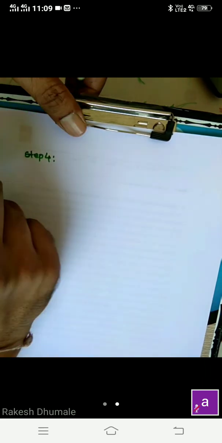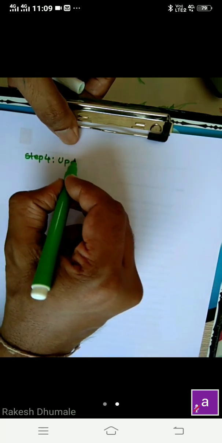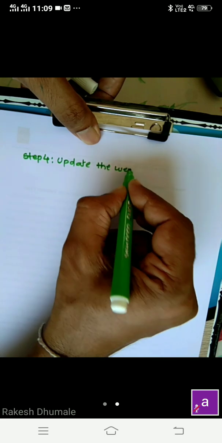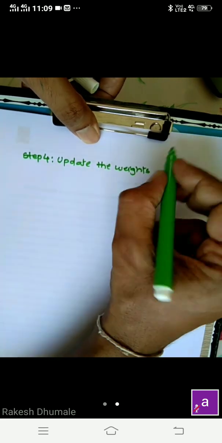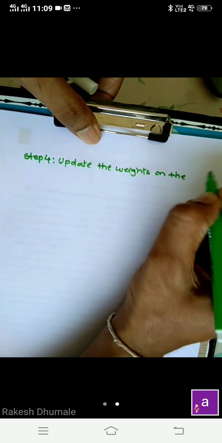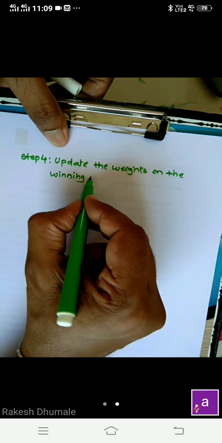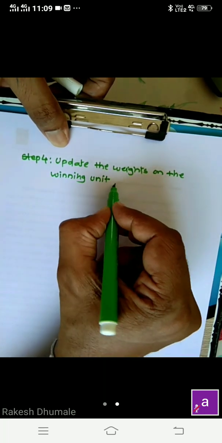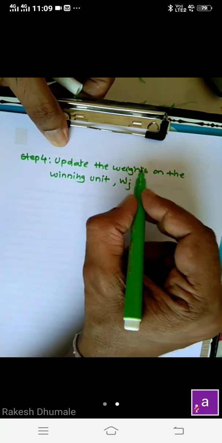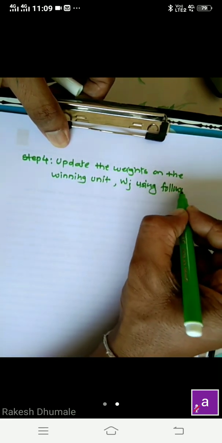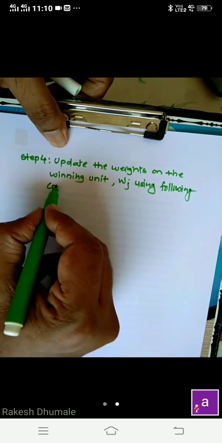Okay. Then next step, step 4. What is step 4? Update the weights on the winning unit Wj using the following conditions.